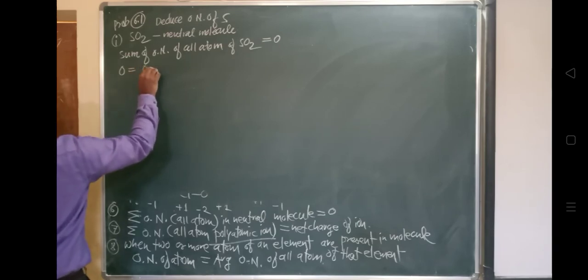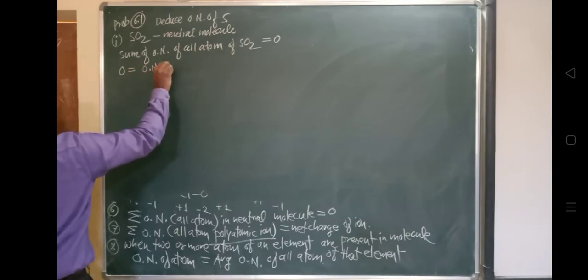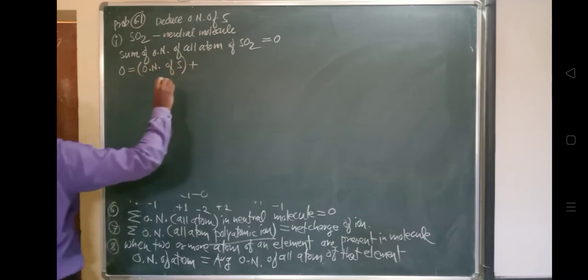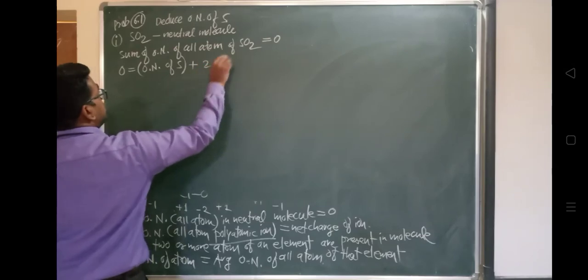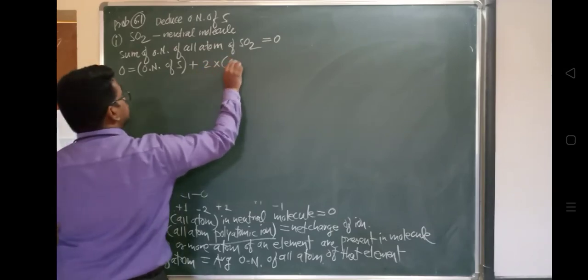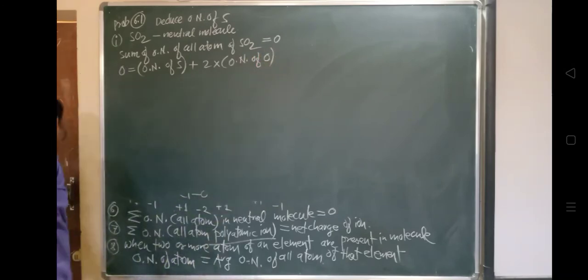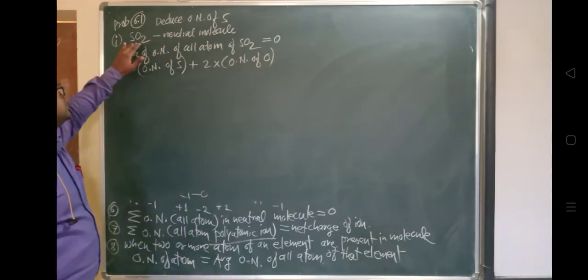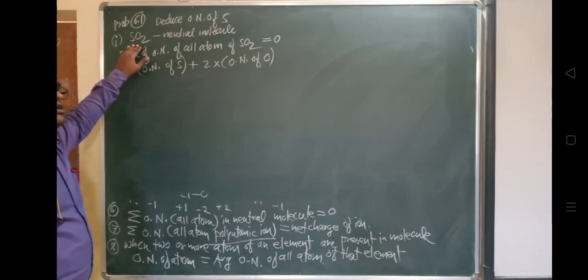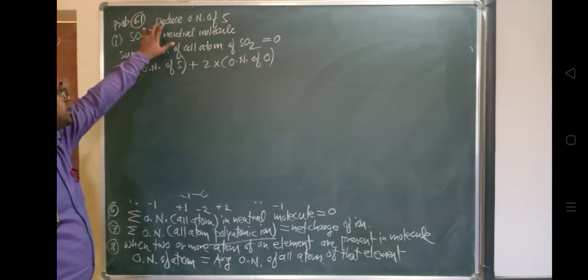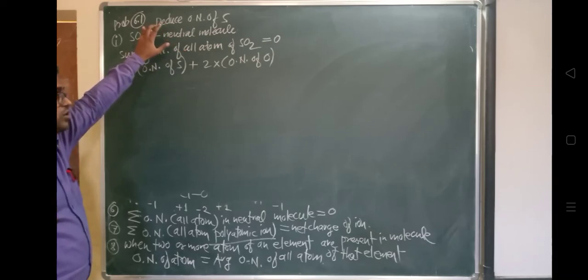So in short, I will write down the oxidation number of sulfur plus 2 multiplied by the oxidation number of oxygen. Have a look at this once again. The total molecule is SO2. Right now it is not showing any plus or minus charge over it, so it is a neutral molecule.